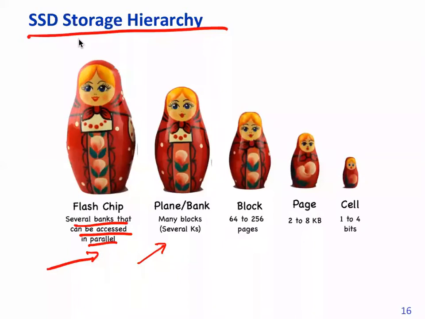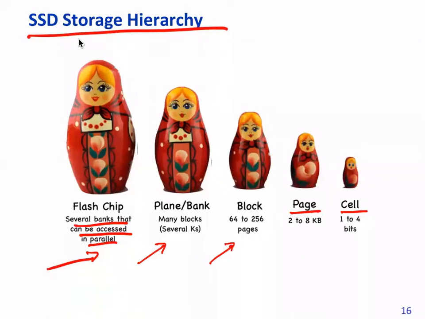Each bank consists of multiple blocks, each block contains multiple pages, and each page contains multiple cells. So a chip consists of a number of banks, each bank consists of a number of blocks, and each block consists of a number of pages.